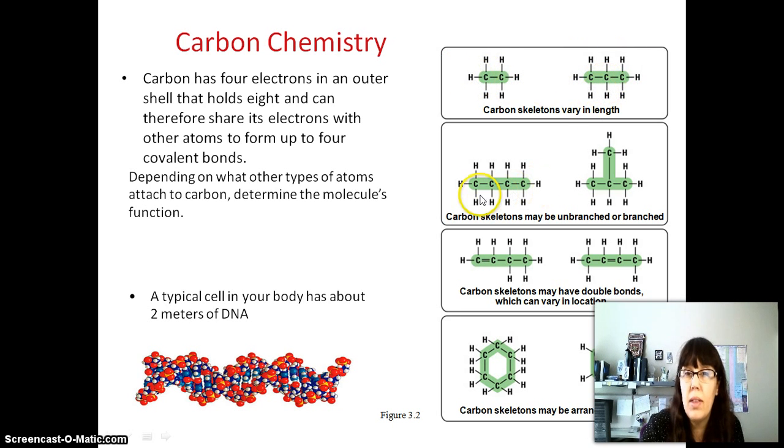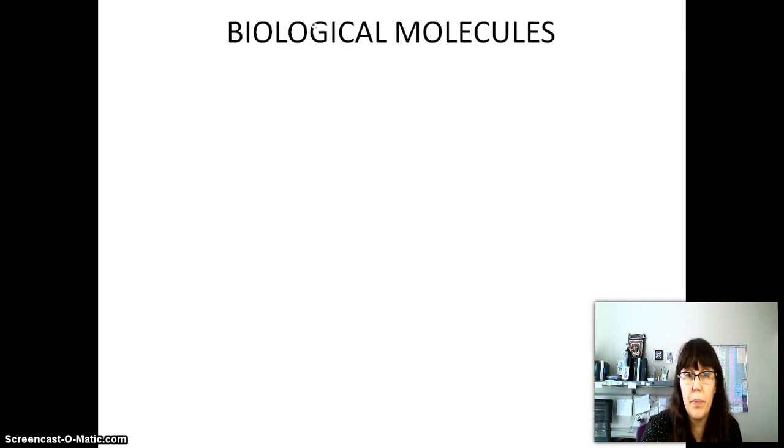And not only that, but they can become branched or unbranched, and you can have single bonds or double bonds, and the locations of the bonds can vary. In addition, if you have a long enough carbon chain, it can be arranged into a ring. And some of these molecules that are based on carbon can be really long. For example, in your body, you've got about 2 meters of DNA in each and every single cell.